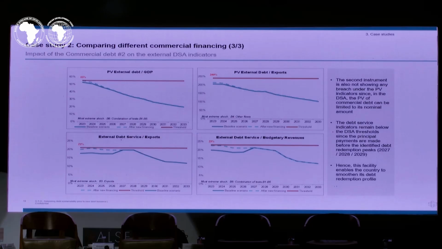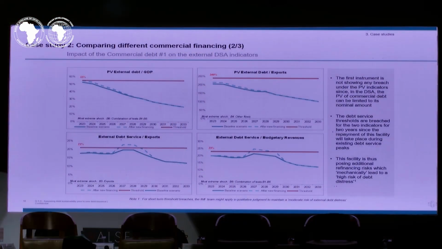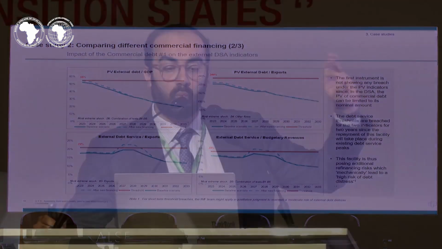Because this specific Eurobond is creating this liquidity pressure, we are now mechanically at a high risk of debt distress. The Eurobond that we are currently contemplating is creating additional liquidity pressure, so additional debt service, where we already have some maturity peaks.